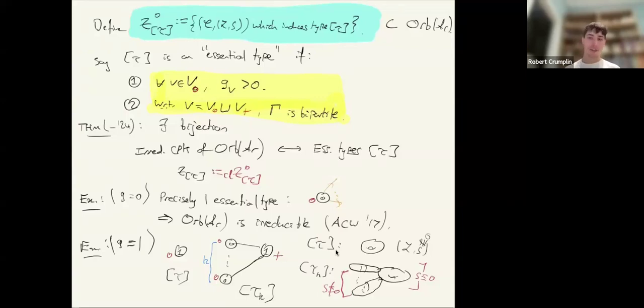But there's some additional discrete data you can fix. Basically there's a slightly more general definition of what a type is, and there are more refined strata. In that case, all of those do occur as intersections of these guys. But as written so far, if I intersect two of these irreducible components, I don't necessarily get a Z tau circ for a non-essential type. There is a way to fix it just by adding a little bit more discrete information, which I've omitted.